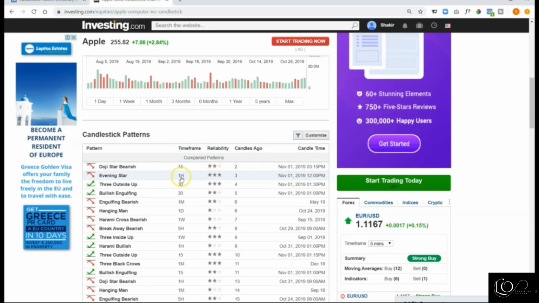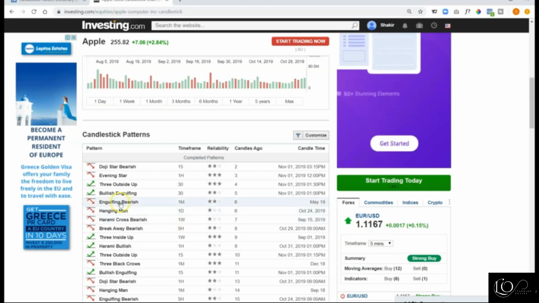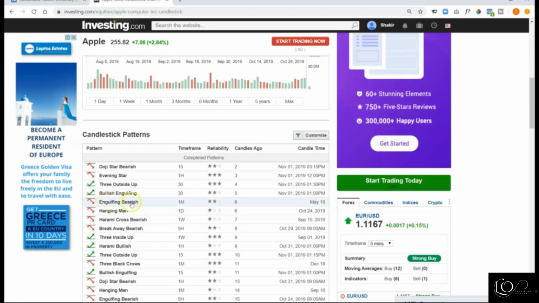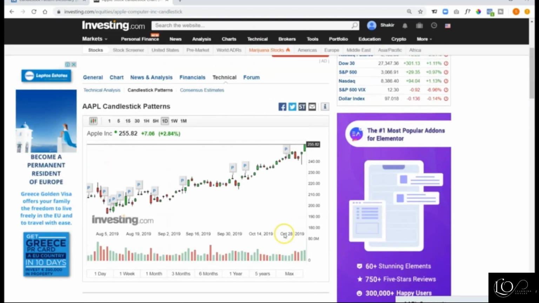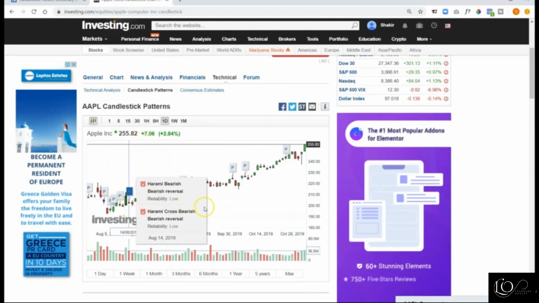So this particular pattern, the evening star, appeared on the H1 chart. This one appeared on the weekly chart. This is on the daily chart, and then we have this engulfing bearish pattern on the monthly chart, and this happened in the month of May. So you can open up different kinds of charts.